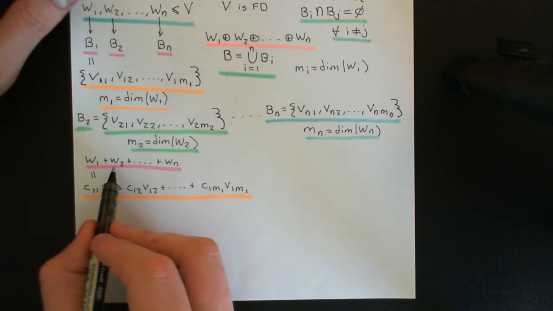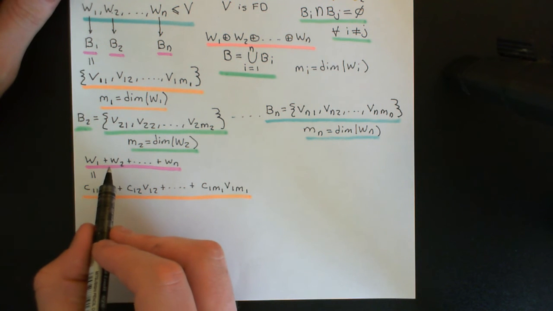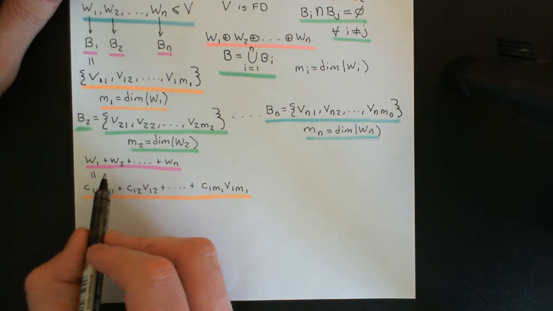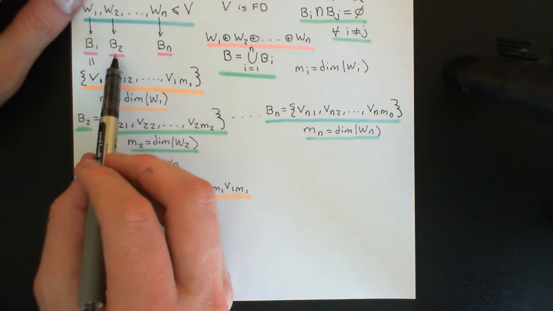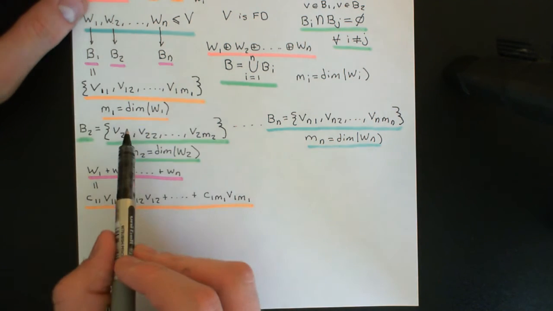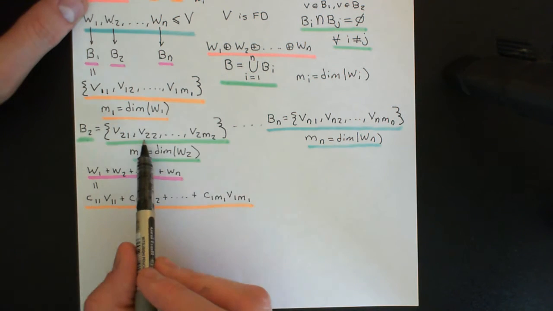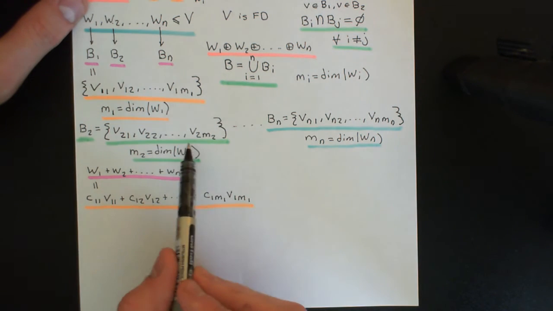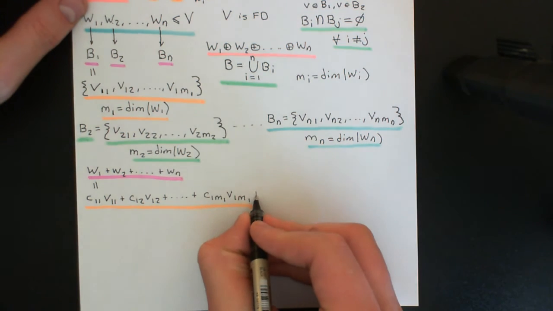Now let's do little w2. So little w2 is an element of the subspace capital W2. Capital W2 has this basis capital B2 here. So any element in capital W2 can be written as a linear combination of the elements in this basis B2. So let's add this in.